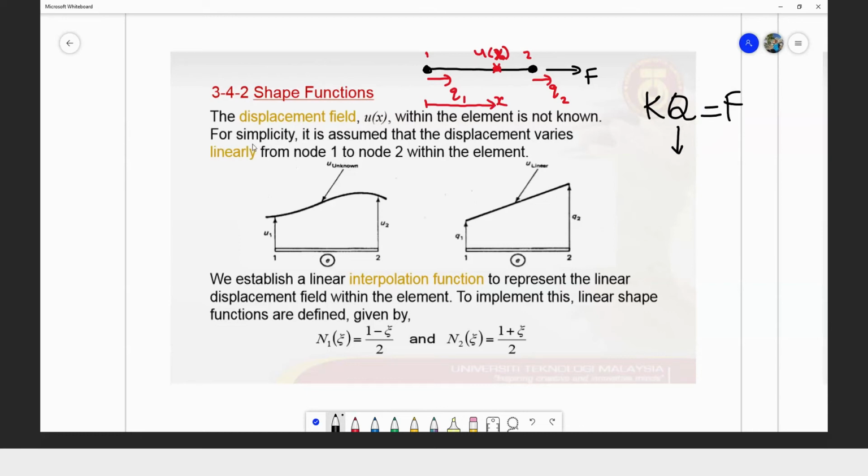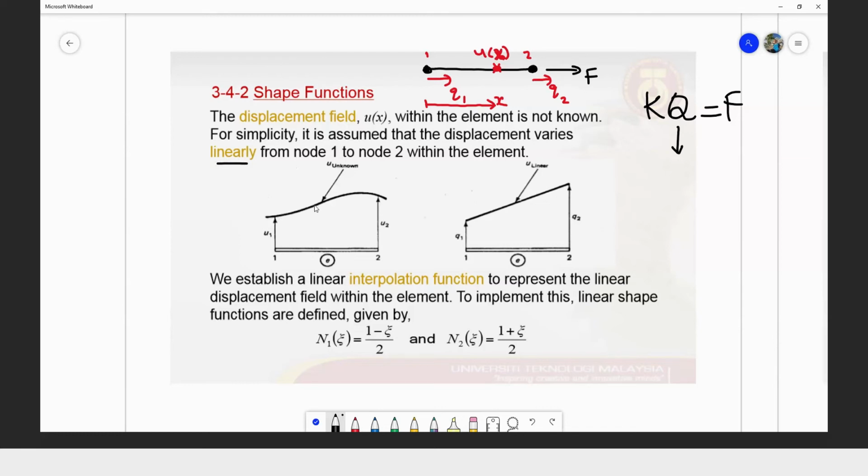And then for simplicity, it is assumed that the displacement varies linearly. So this is the limitations of our course. But you have to understand that the structure may not behave, dia tak sentiasa behave secara linear. The displacement varies linearly from node 1 to node 2 within the element. Dia macam ginilah.